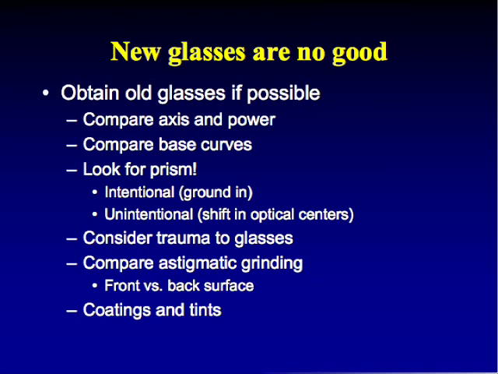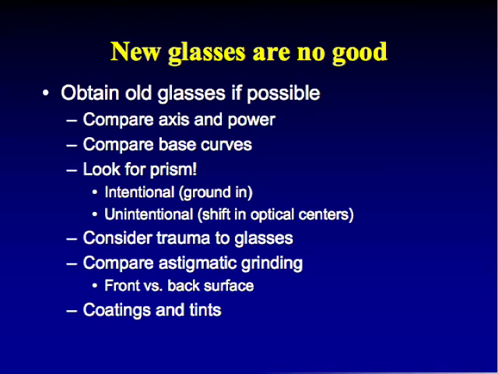Consider trauma to the glasses, as I've also mentioned. Look for the astigmatic grinding, the front and the back surface. It gives you a chance to sort of show off your knowledge of lens clocks. Look for different coatings or tints. All of these things can potentially have something to do with the patient who's unhappy with glasses.